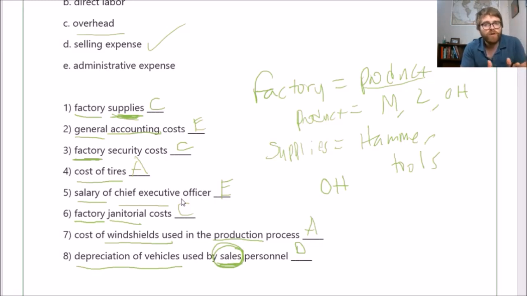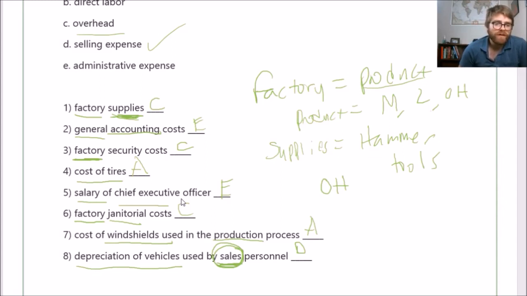So if you're faced with a question like this on your test, ask yourself that question. Is it factory related? If you say yes, it's got to be materials, labor, overhead. Ask yourself, is it not factory related? If you say yes, then it's not part of that product. It's either selling or administrative. Rewind that if you need to. Ask yourself that question every time.